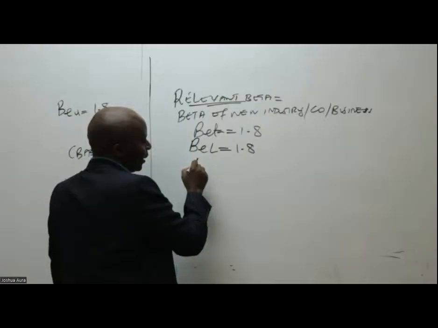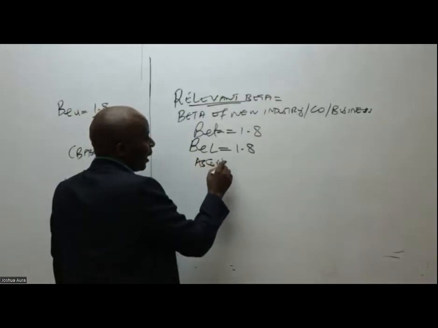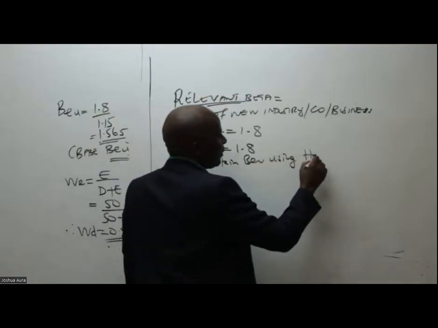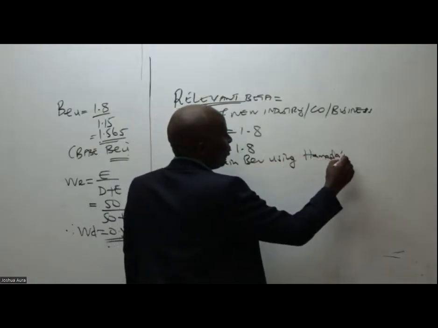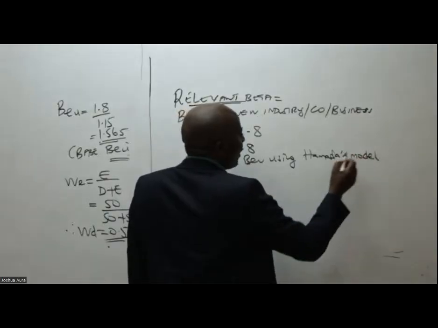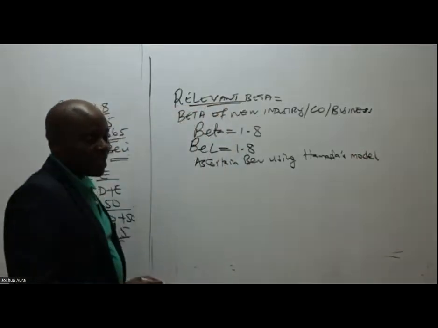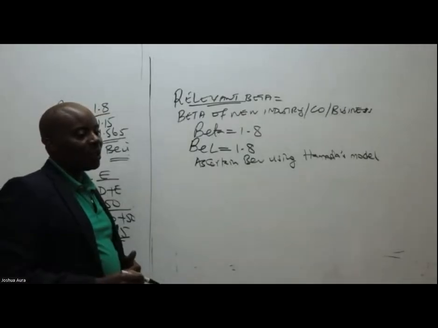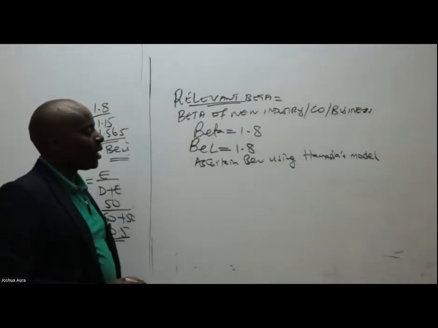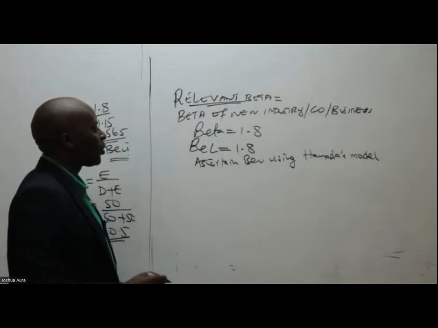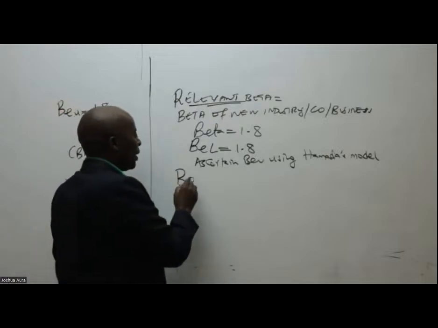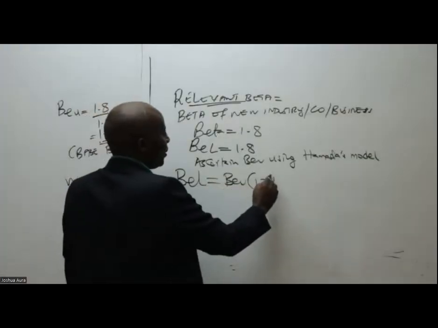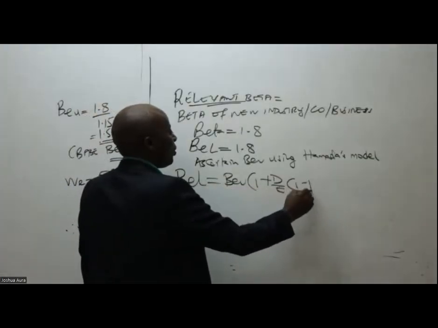So in this case, ascertain BEU using Hamada's model. This is how Hamada's model looks: BEL equals BEU times 1 plus debt to equity ratio, times 1 minus tax.